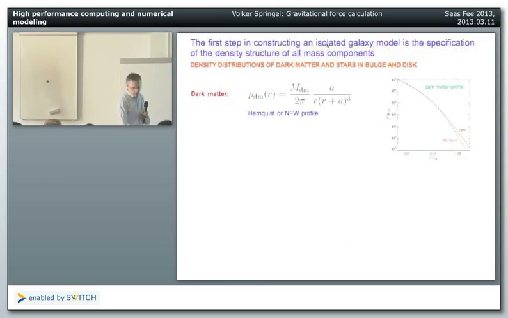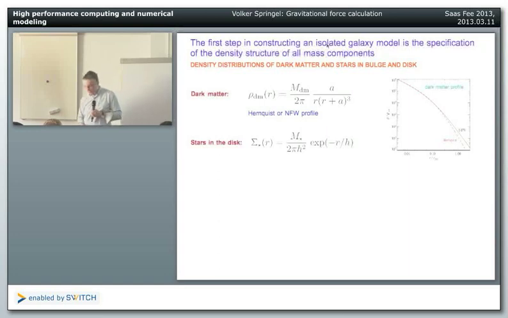You can then make such dark matter models. For example, you could describe the dark matter profile with an NFW or a Hernquist or a Moore profile or something like this. This would be strongly peaked towards the center. That would be your desired dark matter profile. You then maybe have a desired stellar profile, stars in the disk.